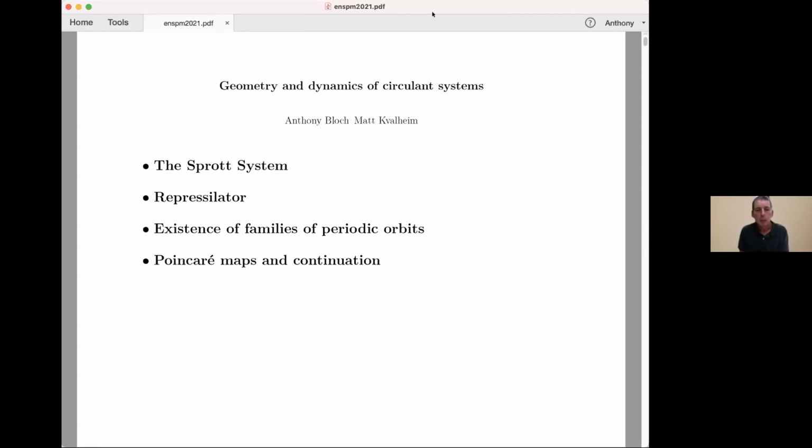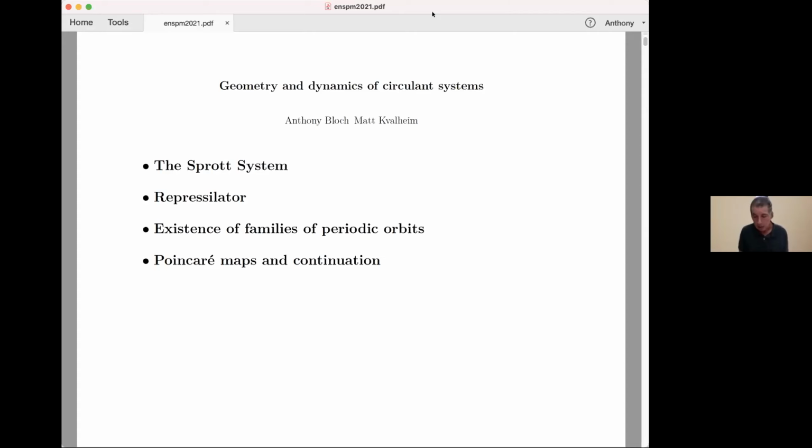So the main two systems I want to look at are the so-called Sprott system, which is a sort of mathematical representation of a system of cells on a circle, if you like. So you can think of n agents on a circle, coupled in some way, and I would like to know if the system oscillates or not.